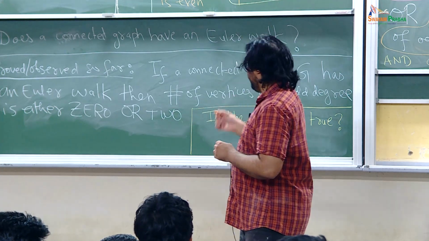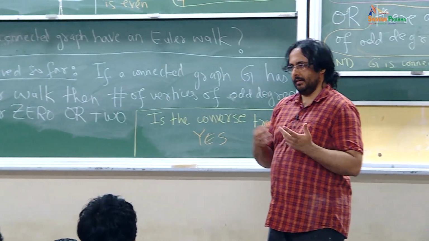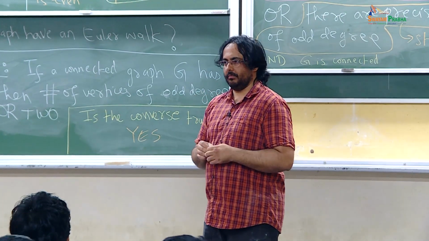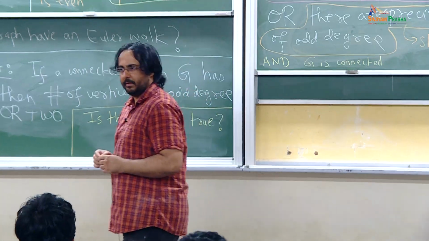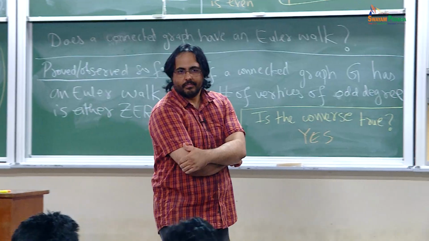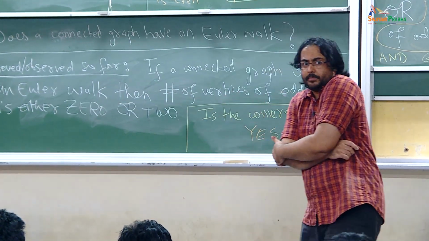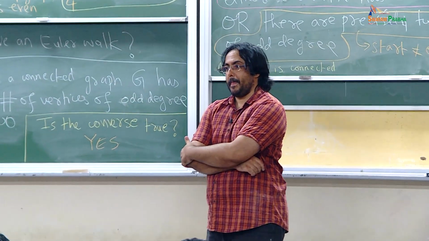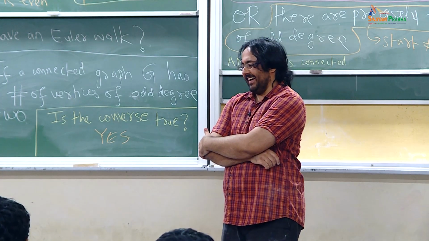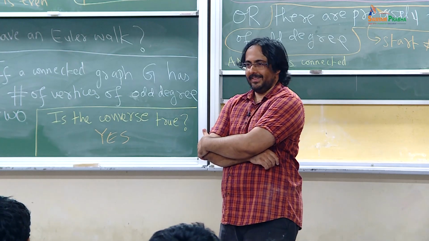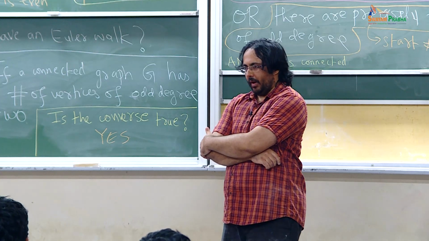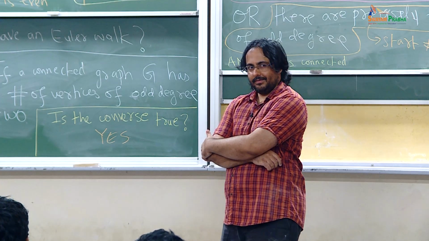The converse would say that if the number of odd degree vertices is 0 or 2, then the graph has an Euler tour. What's the problem? Why can't we prove the statement by induction? Is there a fundamental reason why you cannot prove this by induction? Ah, right. n and n plus 1. So that's the thing. What is n and n plus 1?